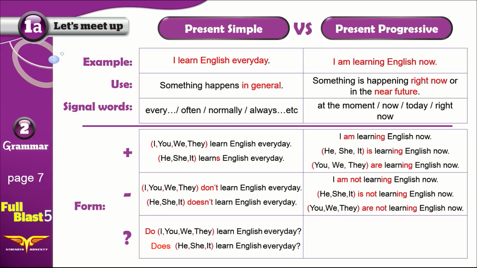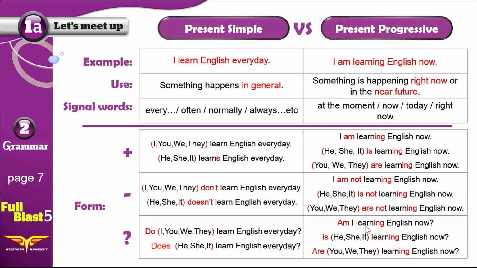If somebody loses his mind and doesn't know if he learns English every day or not, he asks, do I learn English every day? Doesn't he learn English every day? And how do we answer this? We can answer this using yes I do, no I don't, yes he does, no she doesn't.